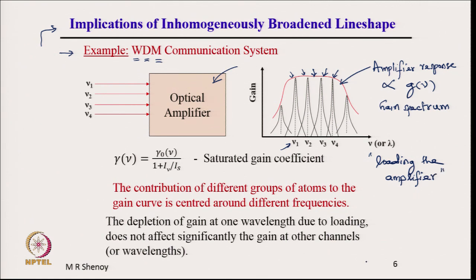If we input different frequencies or different wavelengths, and load the amplifier at one frequency nu, we will see that because of the saturated gain coefficient, as the signal strength I nu increases, the gain will decrease.